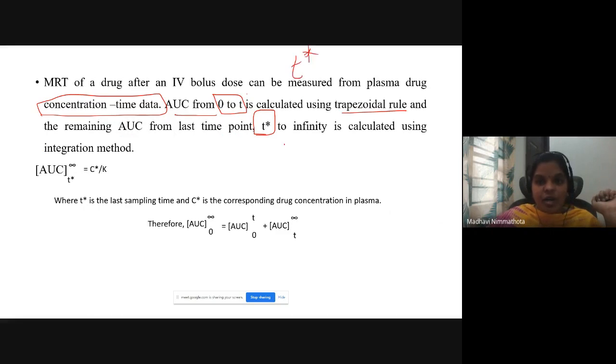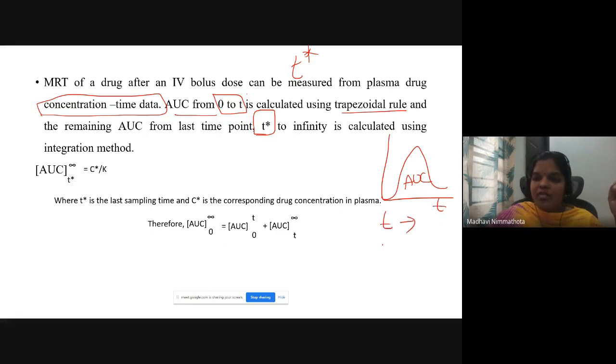So what it is saying is that you take the total available area under the curve, and the remaining part is from the last time point.